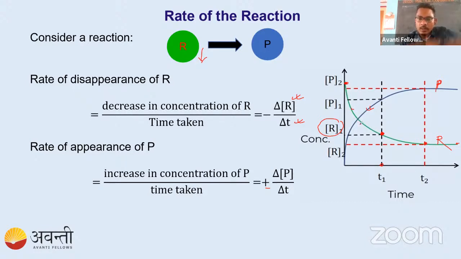Initially it was the higher value R1, and at T2 its value decreases. For the product, at T1 its value is P1, and at T2 its value becomes P2. So its concentration is increasing. From the graph you can find that its value is increasing for this one and decreasing for that one. I hope you understood with the graph also.